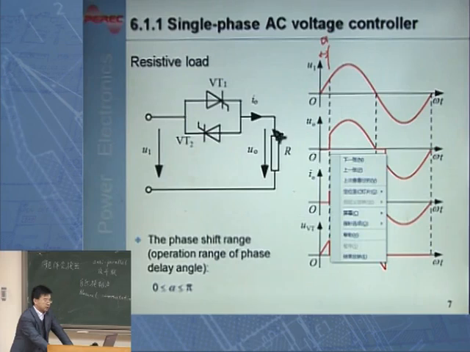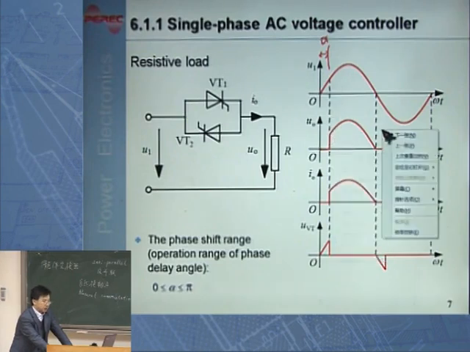And therefore, load voltage uo will be exactly the same as input voltage u1. Exactly the same. Until this input voltage has decreased to 0, and because this is a resistor load, the load current will also decrease to 0. Same waveform as the load voltage.